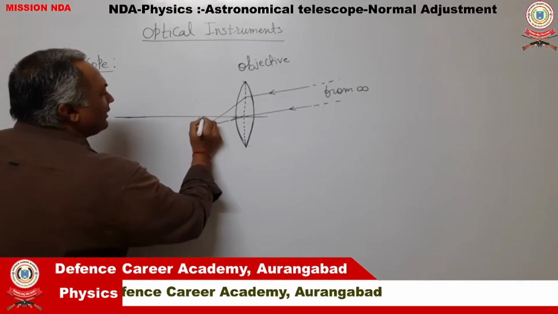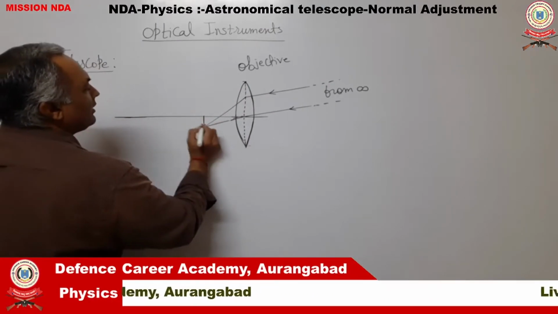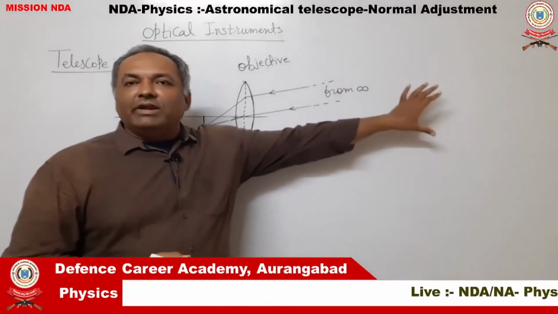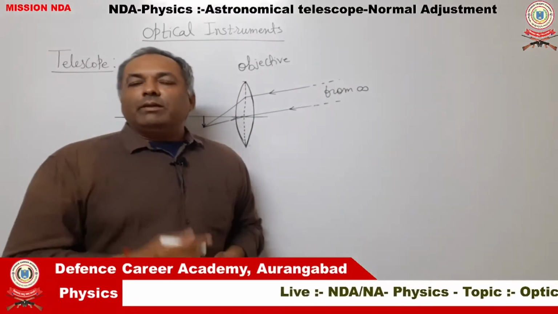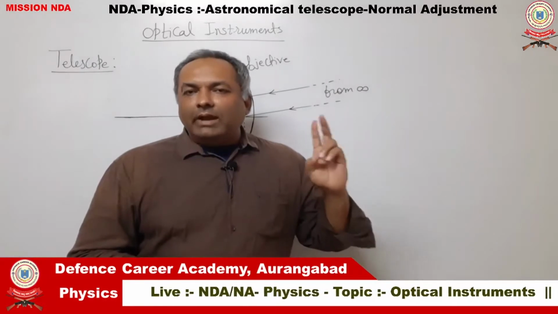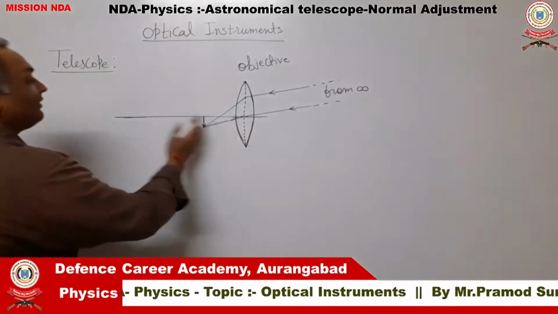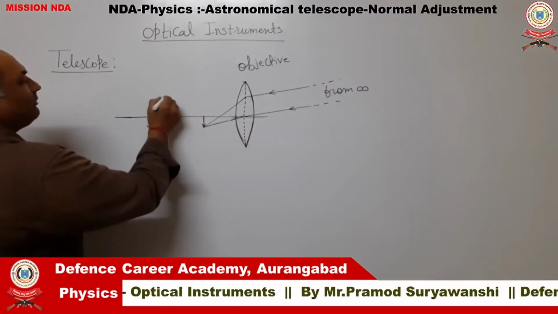So here you are going to get the first image. Object at infinity, image at focus. Now we know image at focus is going to be a real and inverted image. Now in front of this, there is a smaller lens that works as an eyepiece.